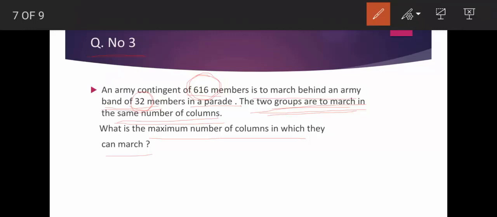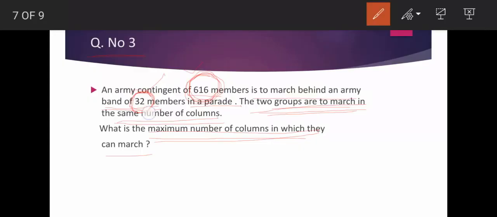That means, what is the number of columns? In this band of 32 members, a similar number of columns we should have here also. That means we have to calculate the maximum number of columns which can be common to both groups.